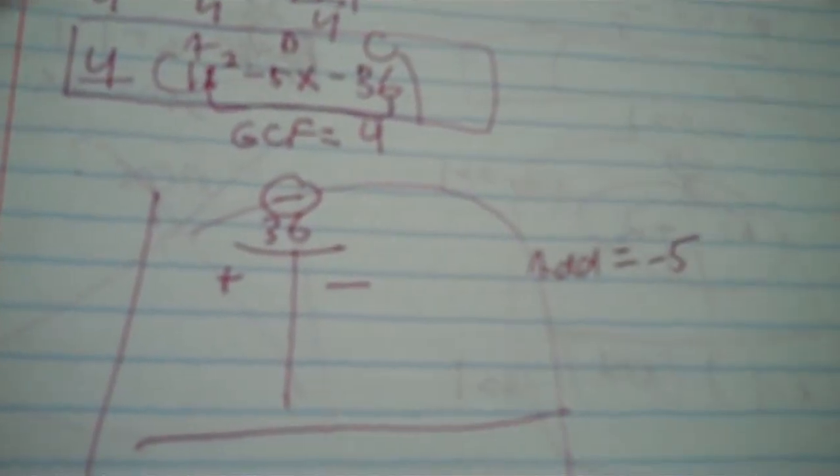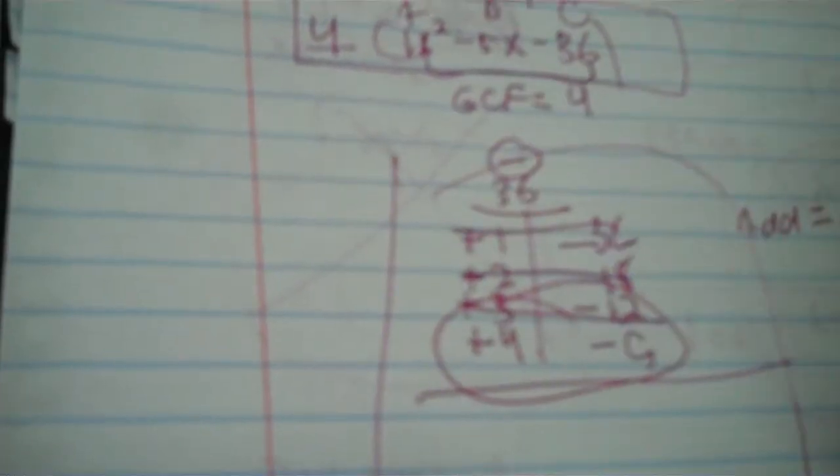And we're adding to try to get to negative 5. Nope. Nope. Nope. Divide by 4, get 9. Cha-ching. A is 1, okay, so you can get rid of the 1 and just make 2 parentheses with x plus 4 and x minus 9.